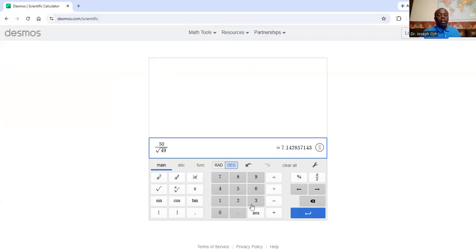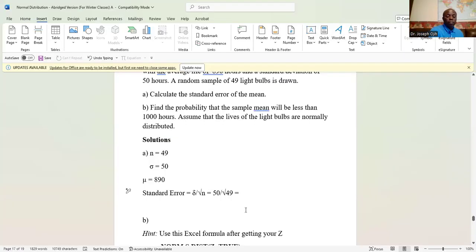Now, I wrote it down somewhere here. Oh, got it, 7.143. So we have your standard error. But this is: find the probability that the sample mean will be less than 1,000 hours.